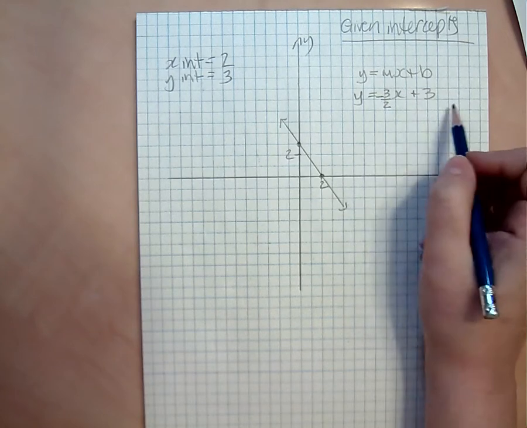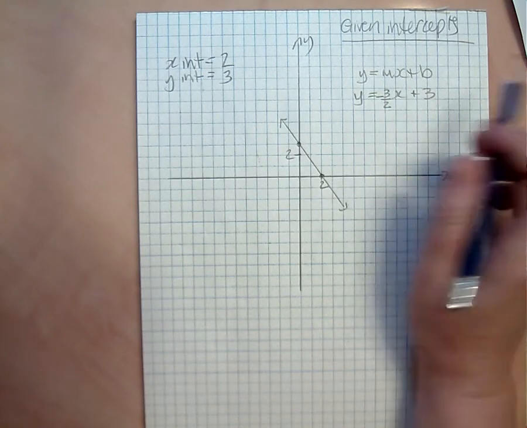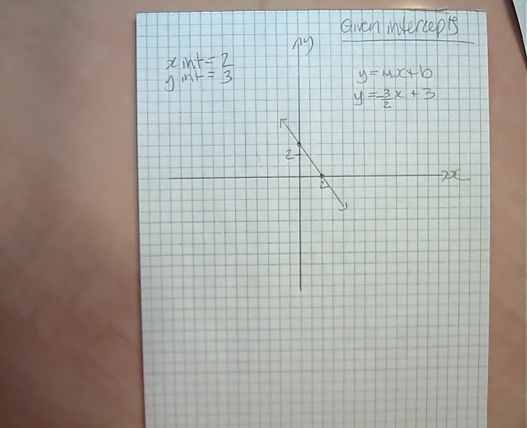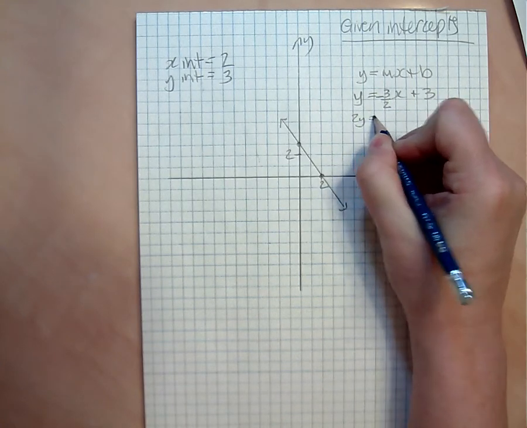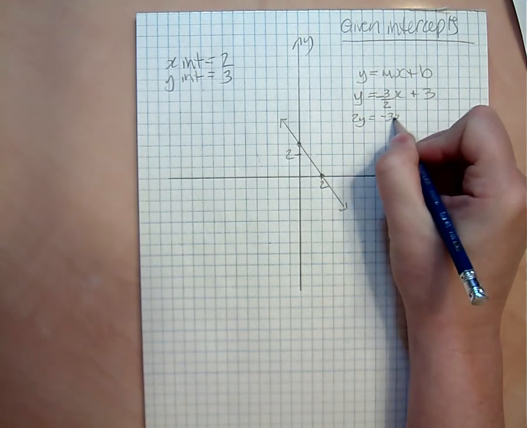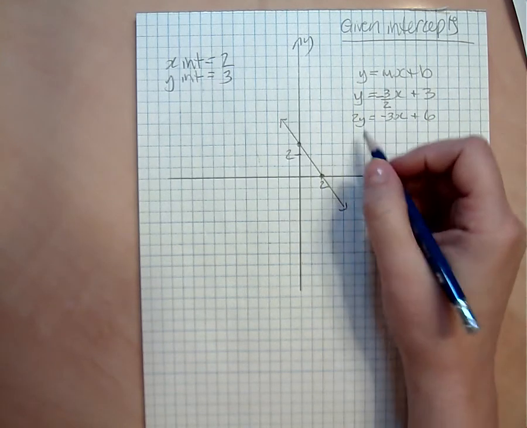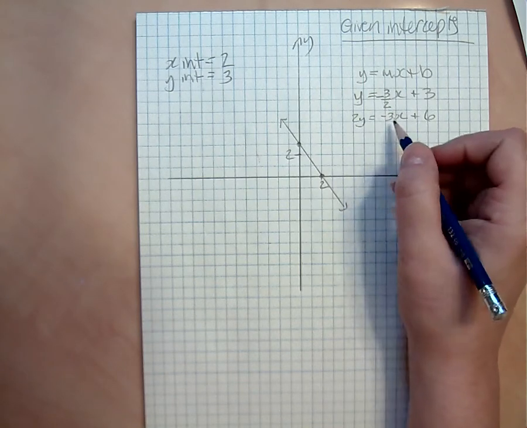So first thing we do is get rid of our fractions. So we know already how to get rid of fractions. We've done this in previous chapters. We multiply everything by the lowest common denominator, in this case 2. So that would make this times 2. 2 times this gets rid of that 2, and 2 times this is that. And then we're going to bring everything over here so that a is positive, the coefficient of x.